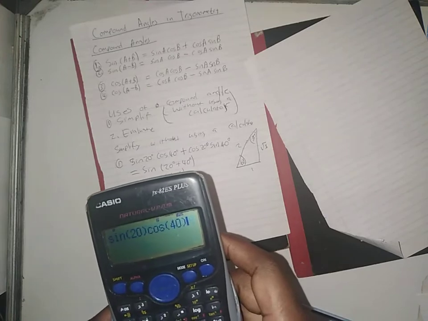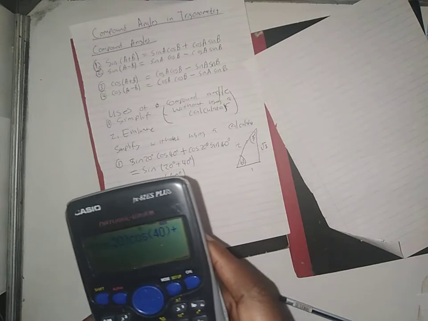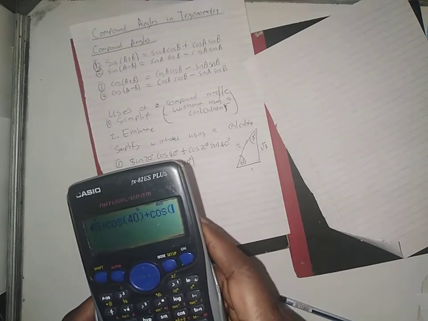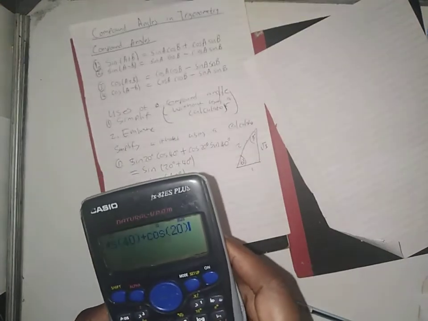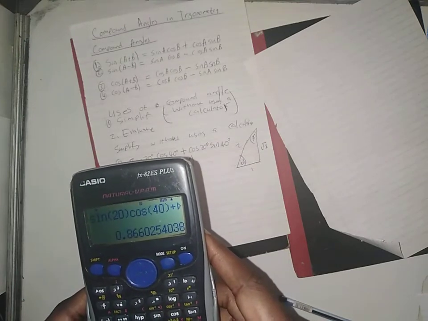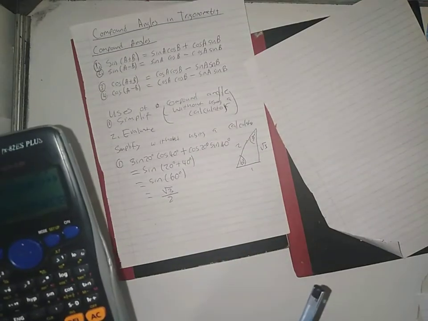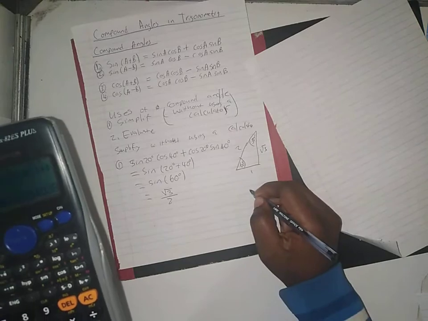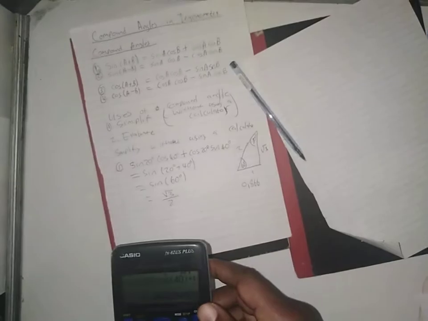Let's go back. So plus cos 20 degrees, and then sine 40 degrees, equal to. Do you see what we get? We get 0,866. Let's put it here on the side, 0,866.